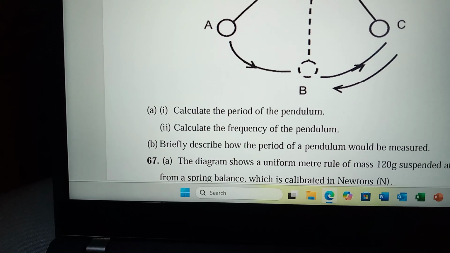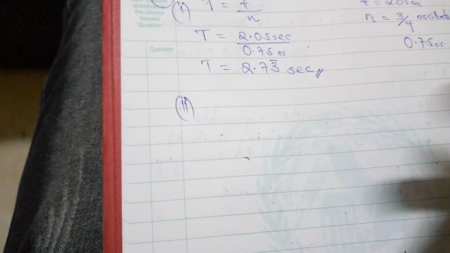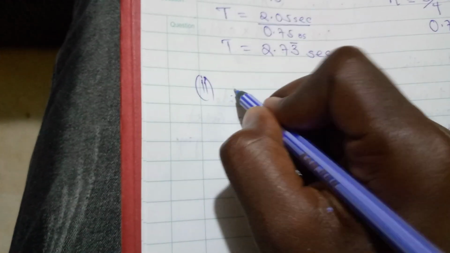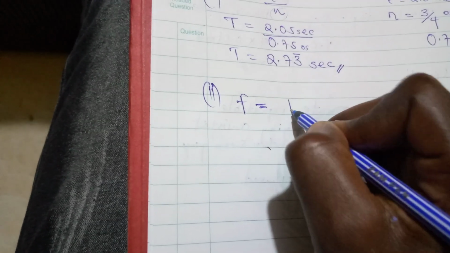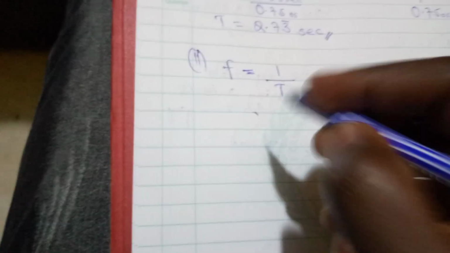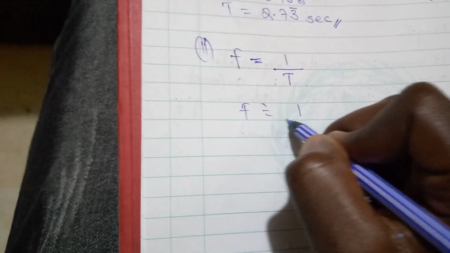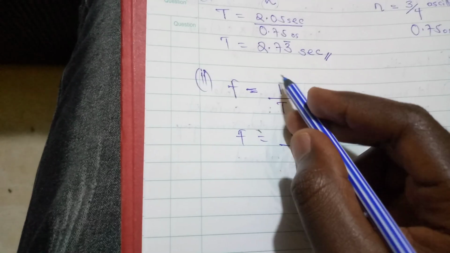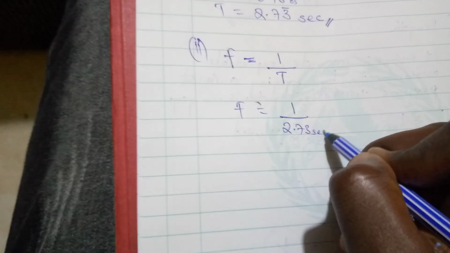So the next one, they are saying calculate the frequency of the pendulum. What you should bear in mind is that frequency is calculated by this formula. Small letter f is equal to 1 over capital letter T, symbolizing period. So frequency is equal to 1 over the period that you have calculated there, which is 2.73 seconds.